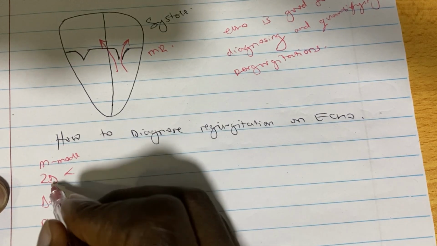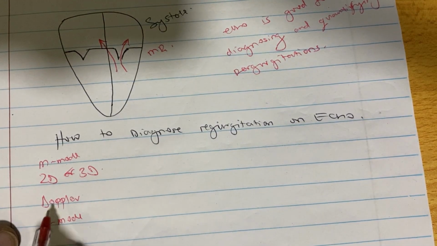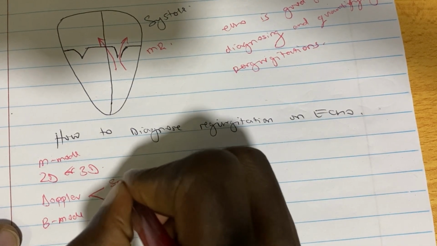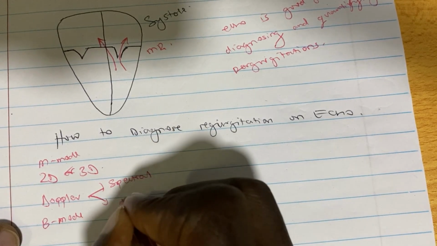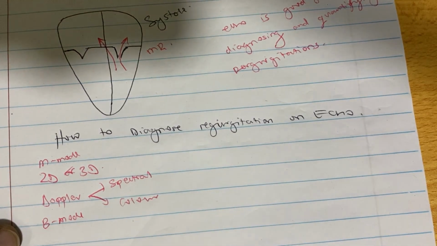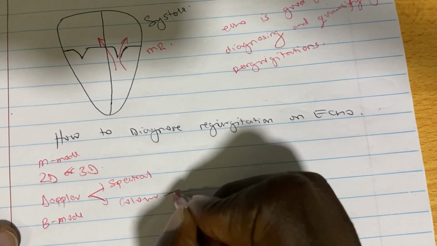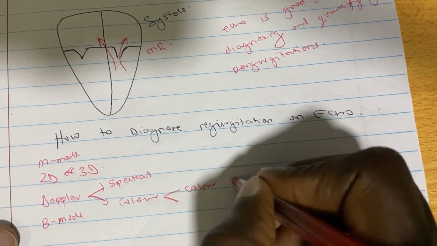And then 2D or 3D. Our thing is this Doppler is going to be divided into spectral and then color. So for these regurgitations, we are going to focus on color Doppler.